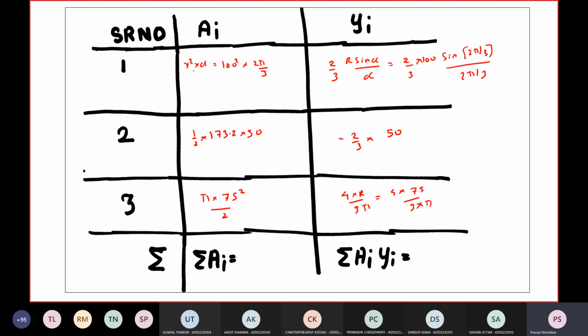Tell me the values. When and where will you overtake? You will overtake because your acceleration is more than the acceleration of the car. You will be starting seconds later, and somewhere you will overtake the car.